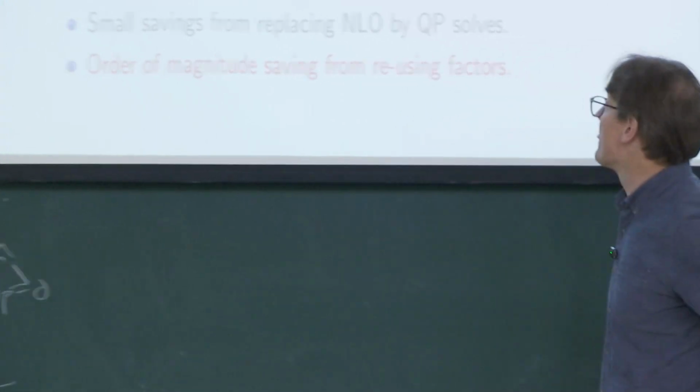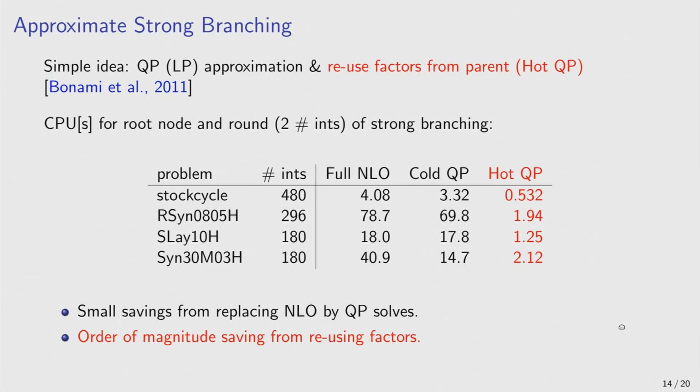You can do this in different ways. You can do a full nonlinear optimization, and here's a number of problems that are not too large. If you do a full round of strong branching, it takes this many seconds. If you use just the QP solve instead of the nonlinear optimization, just doing one quadratic programming solve, it's still prohibitive.